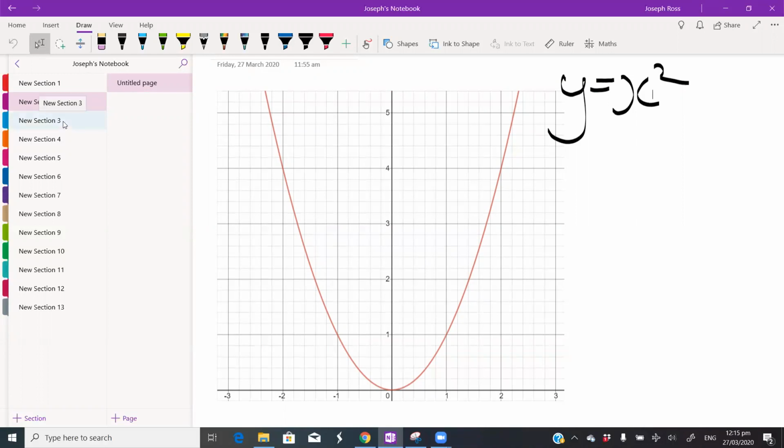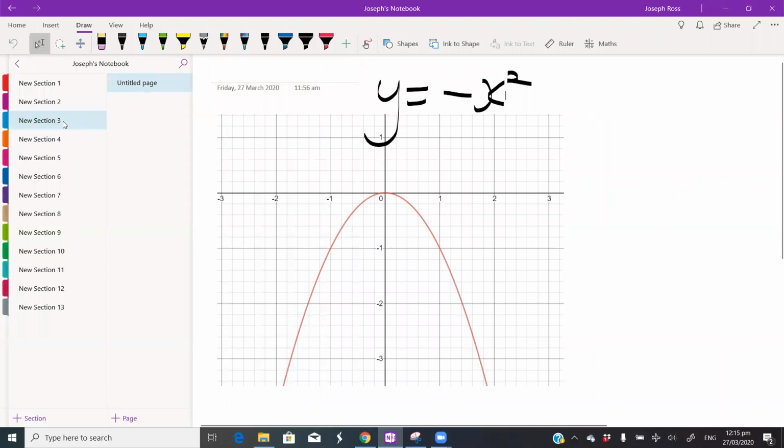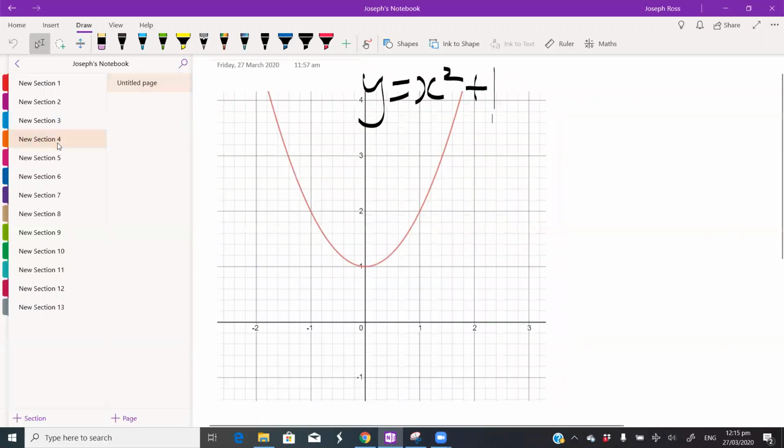If we put a negative sign in the front of the equation, that has the effect of turning a parabola upside down. And that's quite usual in graphing, that if we put a negative sign in front of the function, it turns the whole graph upside down.